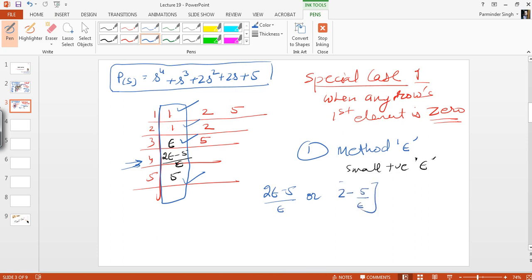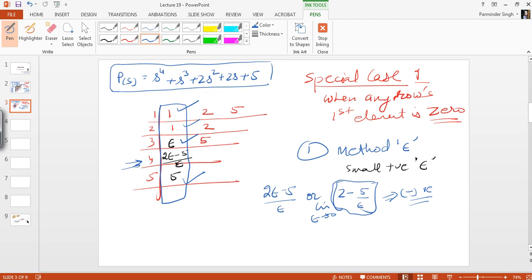Clear? Now in this, what we're going to do is we put the limit epsilon tends to 0. When epsilon approaches 0, this term becomes negative. So 2 minus 5 by epsilon, if epsilon is a very small number, then 5 divided by any small number will become greater than 2. So 2 minus something greater than 2 will be negative.